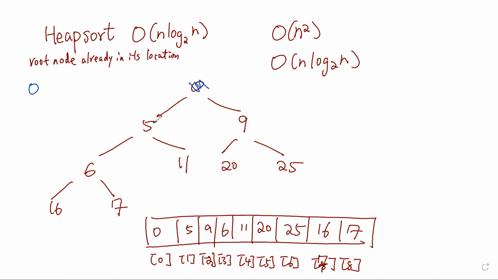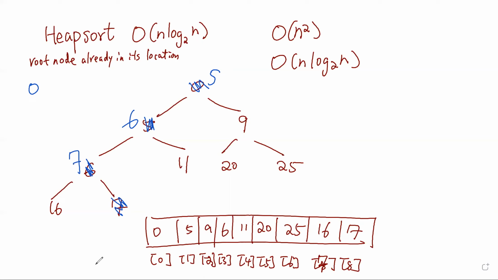So you need to find, between the two child nodes, which one is smaller? In this case, we can see it's 5. And then you swap 5 back to the tree. After I swap 5, then you need to bring 6 up. After you bring 6, then you need to bring 7 up.